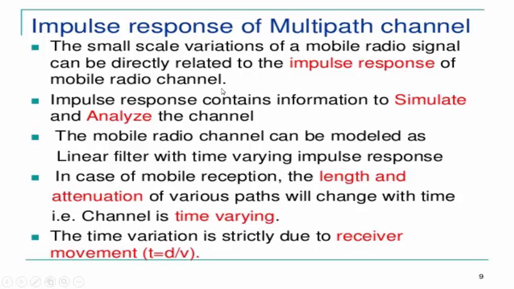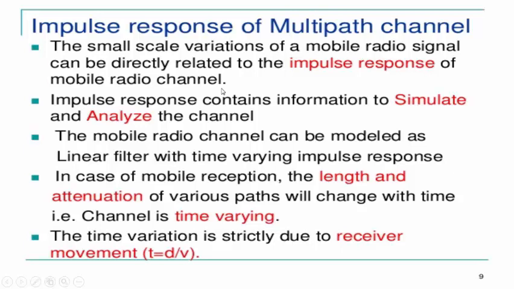The mobile radio channel can be modeled as a linear filter with a time varying impulse response, and in case of mobile reception the length and the attenuation of various paths will change with time, that is, the channel is time varying. The analysis of the radio wave is done in the frequency domain, where its impulse response can be checked.